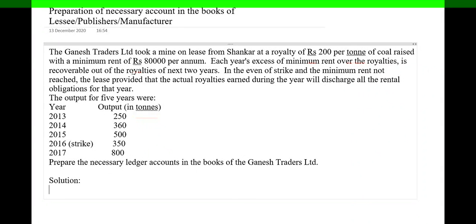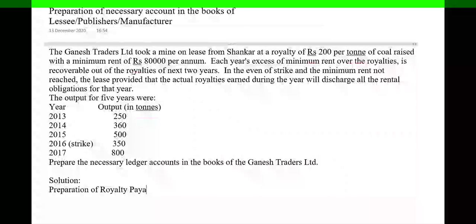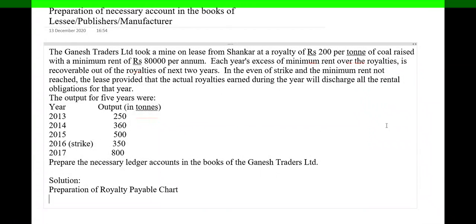So now let us go for the solution here. First, we should prepare the royalty payable chart. Let me insert a table here.